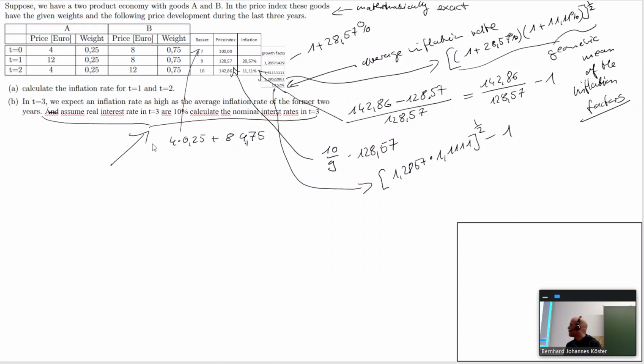Just go backward in your slides. When we talked about money and then introduced interest rates, there we, yes, Fisher equation.